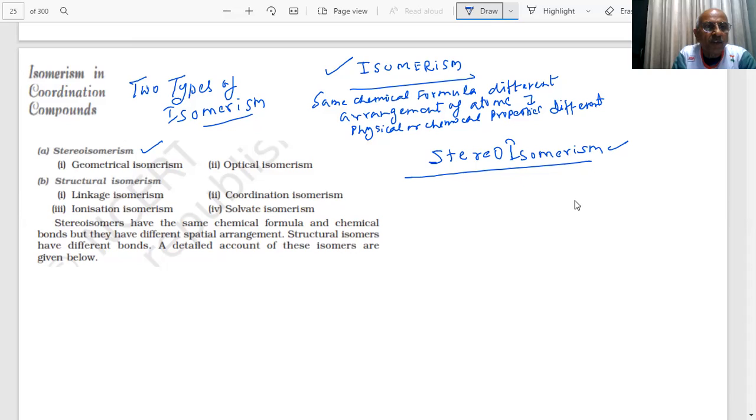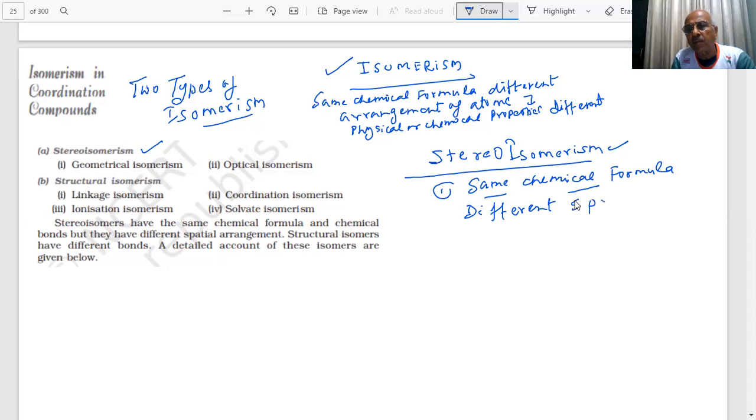They have the same chemical formula but a different spatial arrangement.